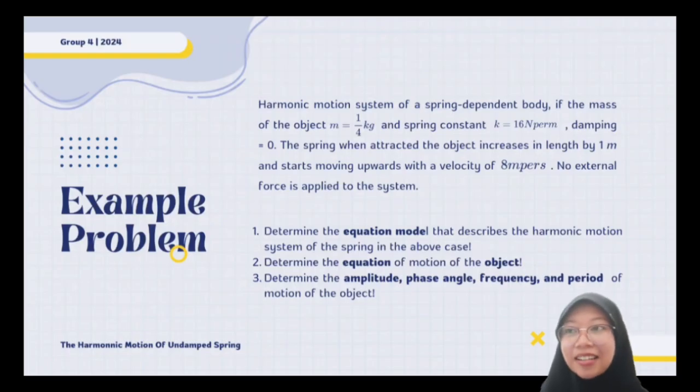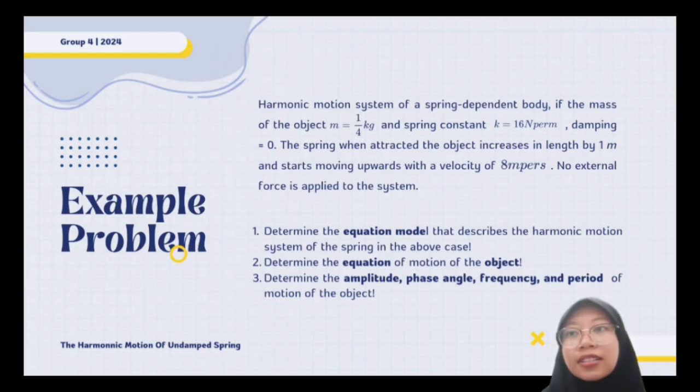So this is the example problem of the harmonic motion of undamped spring. Harmonic motion system of a spring with a hanging body: the mass of the object is 1/4 kg and the spring constant is 16 Newton per meter, the damping is 0. Then the spring, when stretched by the object, increases in length by 1 meter and starts moving upward with a velocity of 8 meter per second.